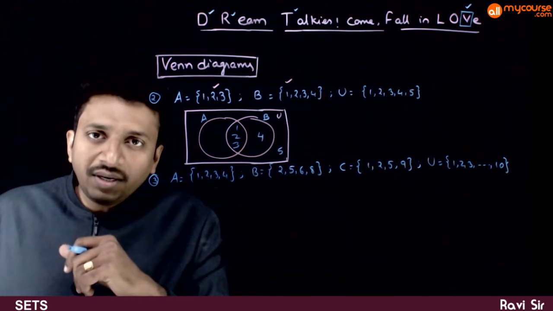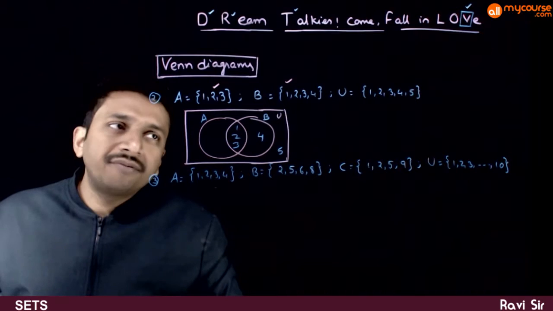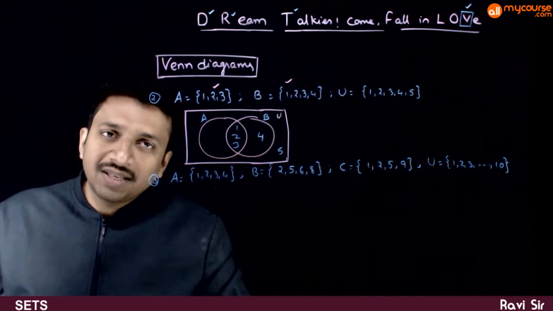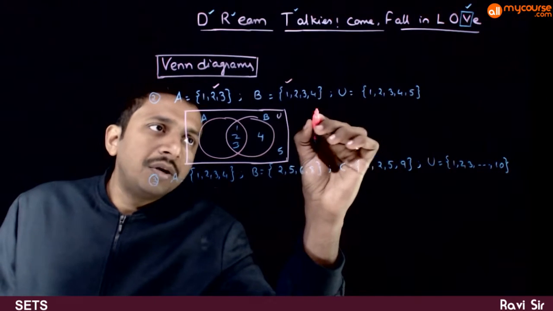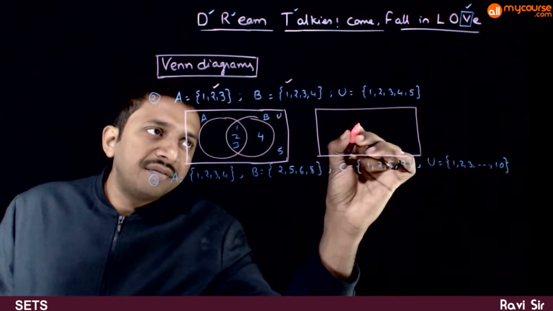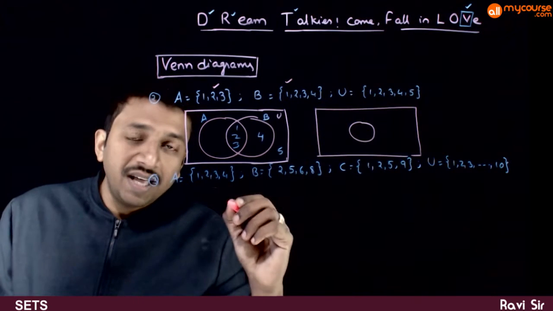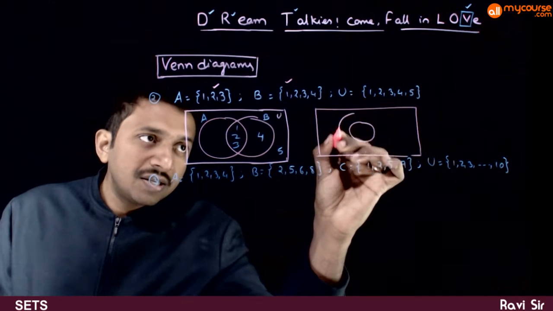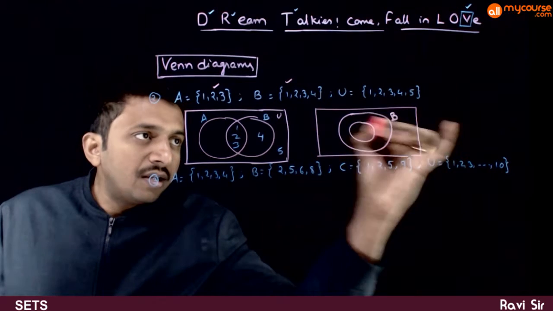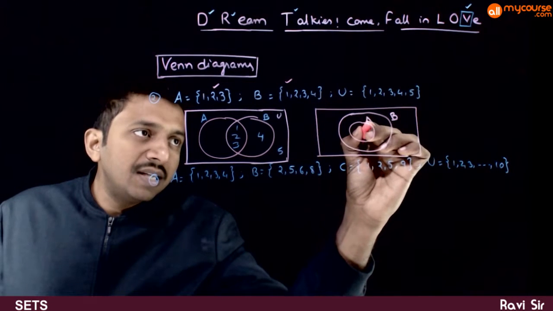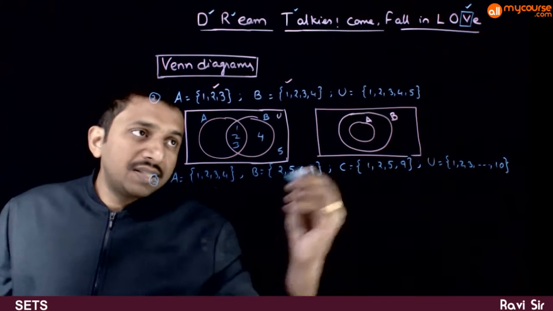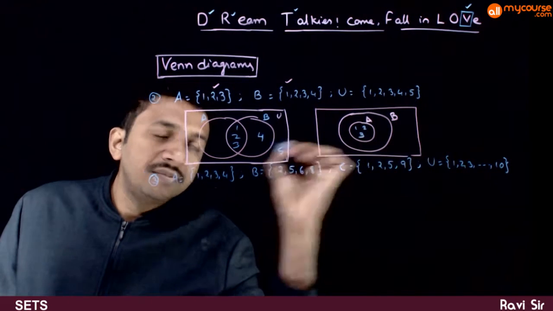There is nothing wrong about it. But whenever you have subsets, we have a better way to represent them. Whenever one set is a subset of another, you draw the universal set, you have the set A, and you draw a set B enclosing A. So this outer circle is set B, the inner circle is set A. Now you fill in the elements. In set A you have 1, 2, 3.